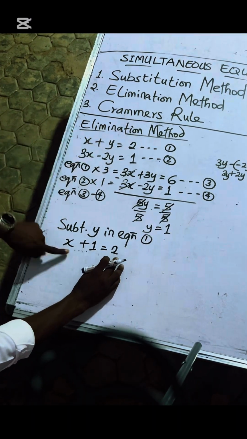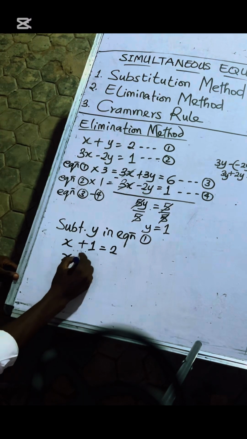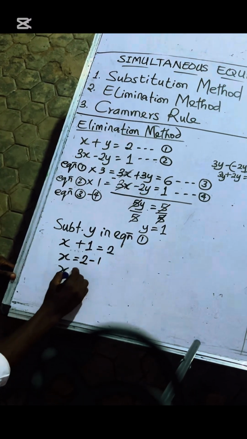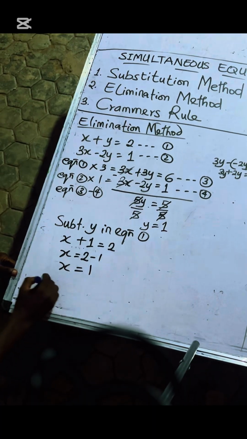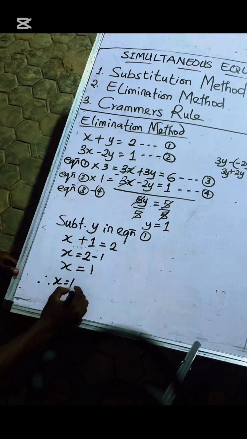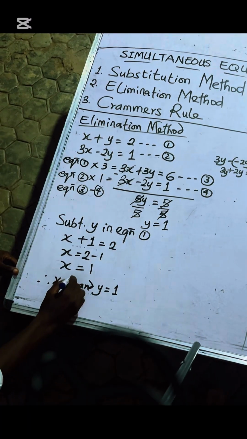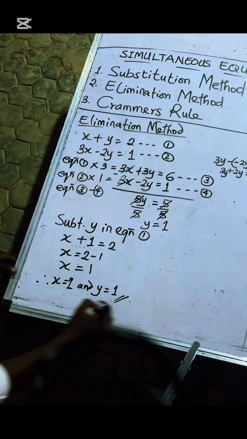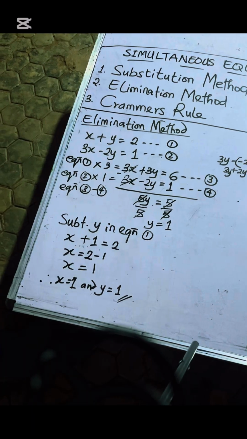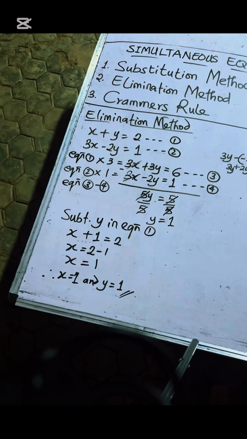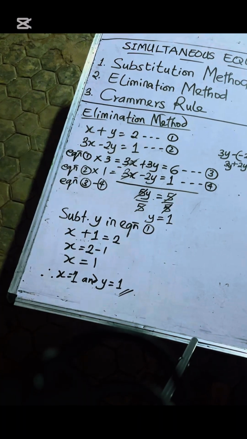Rather than placing my y, I make it what? 1. Now x is equal to 2. This crosses over, minus 1. x is equal to 1. Therefore, x is equal to 1 and y is equal to 1. That leads us back to our solving in substitution method. And elimination method is confirming that x is 1 and y is 1.